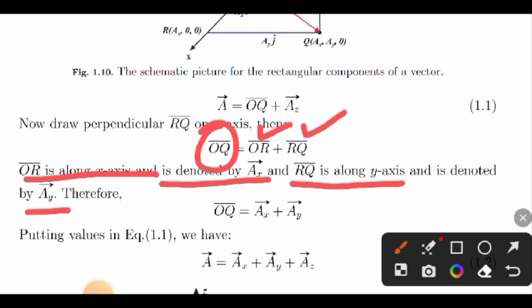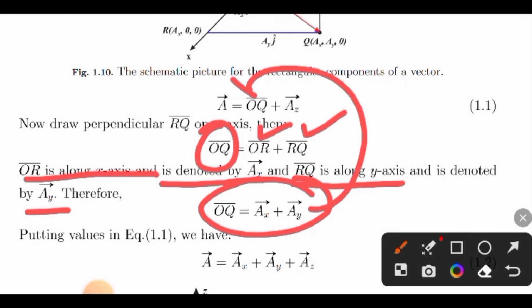So we can write OQ is equal to Ax plus Ay vector. Resultantly, by plugging this equation over here, we have the vector A as the sum of vectors Ax, Ay, and Az. So this is the final equation for the vector A in terms of its components Ax, Ay, and Az.